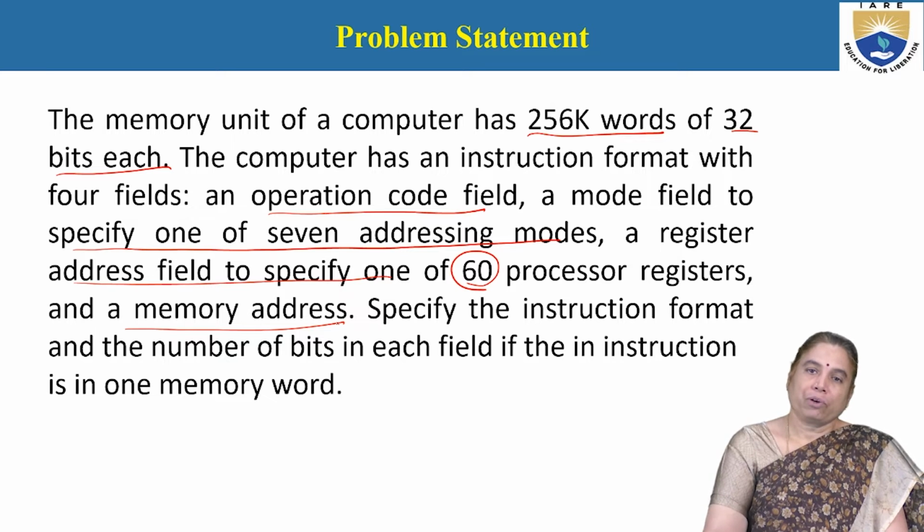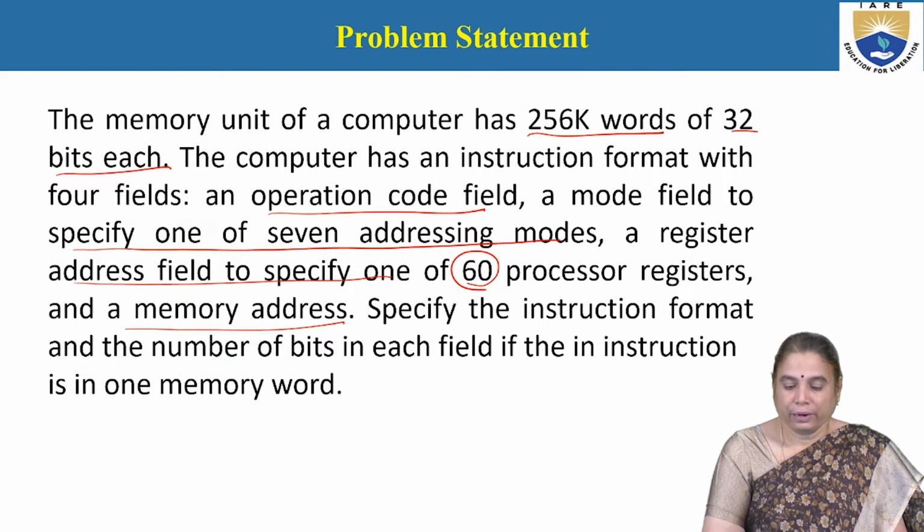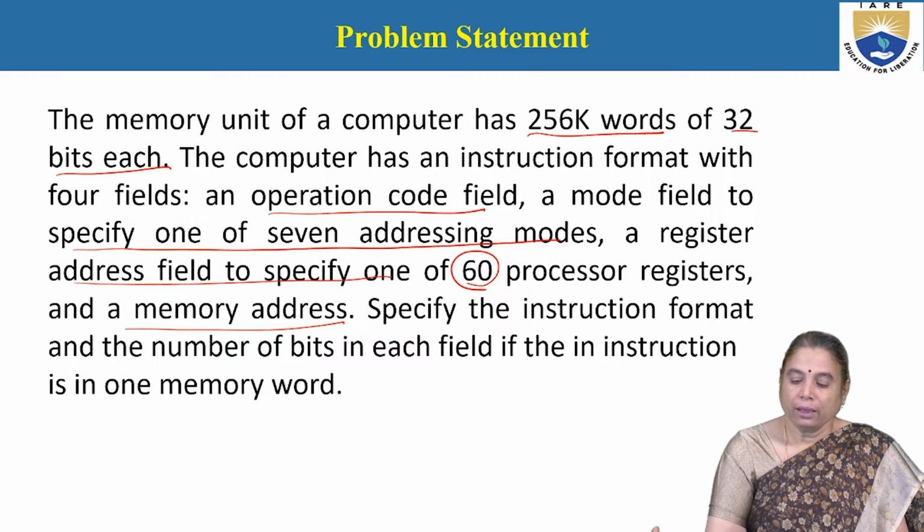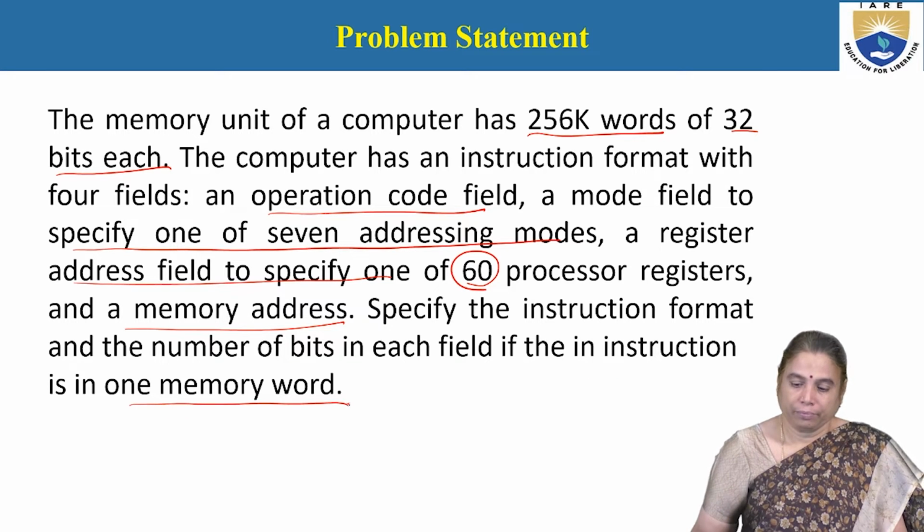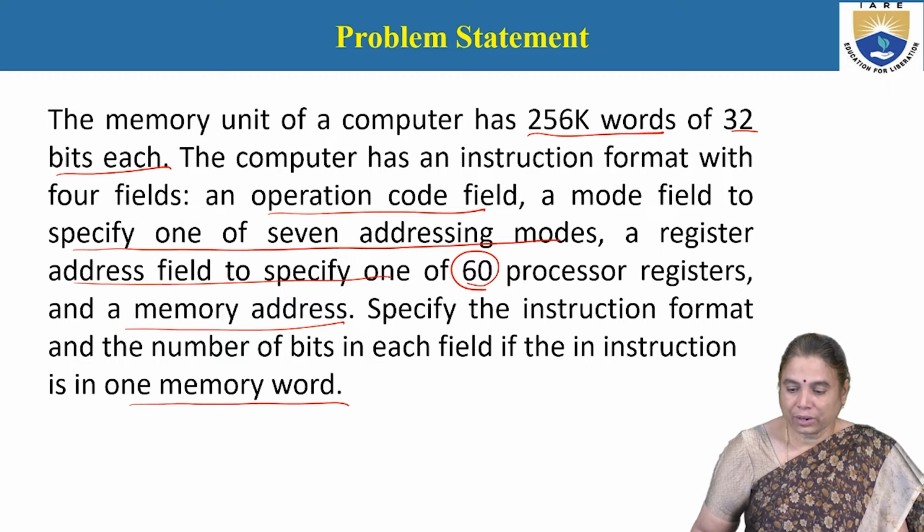So the instruction format can have 4 fields. Specify the instruction format and the number of bits in each field if the instruction is in one memory word. So what is the instruction format?